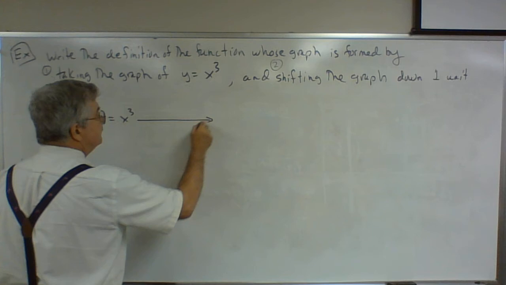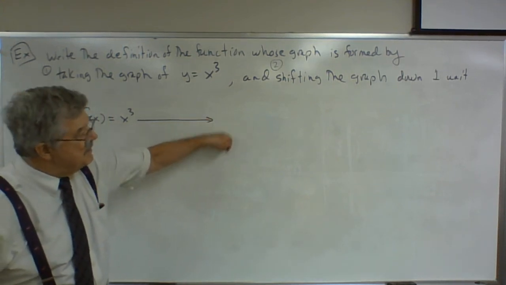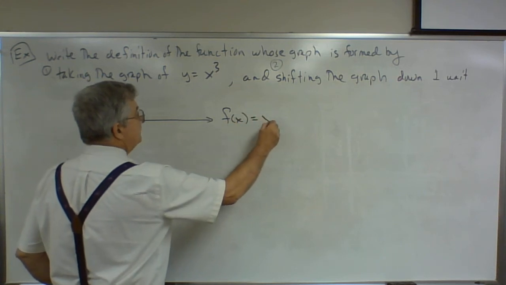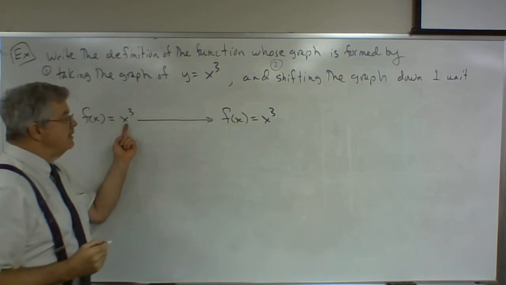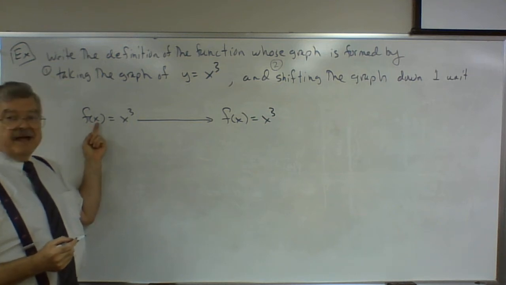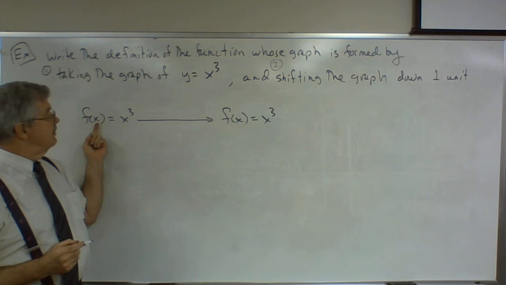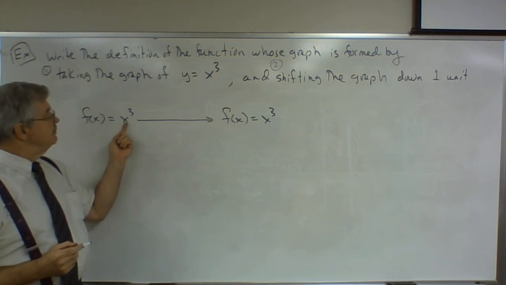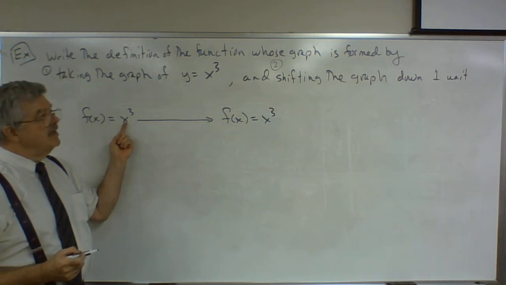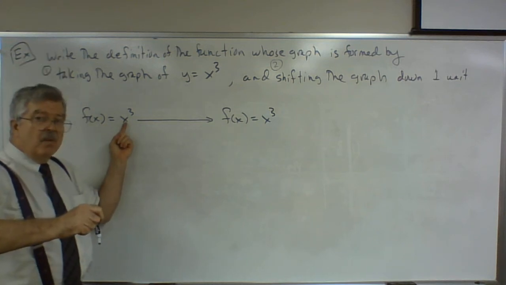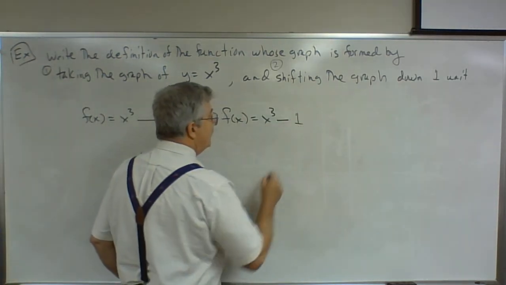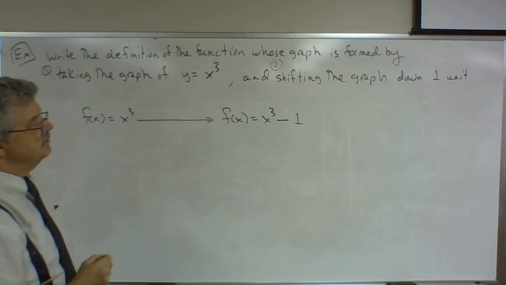And now we're going to shift it vertically down. So we take the y-coordinate of every point in the original function, and f of x and y are the same thing, remember that. So if f of x equals x cubed, then x cubed is the y-coordinate. And to shift it down 1 unit, we subtract 1 from that y value. There's our vertical shift down.